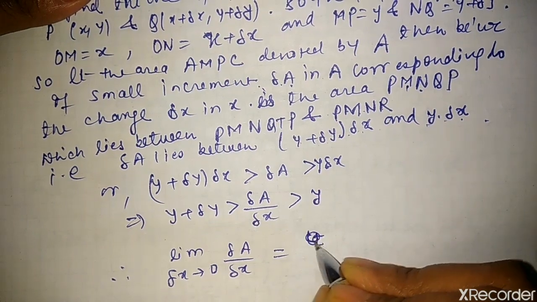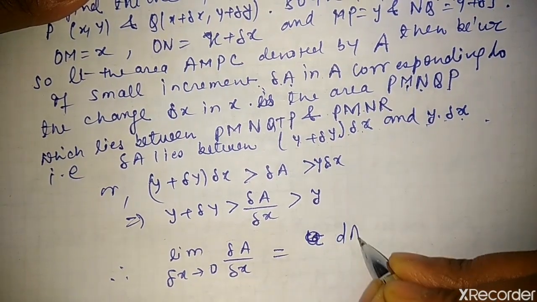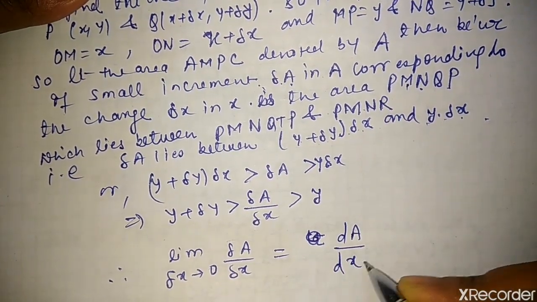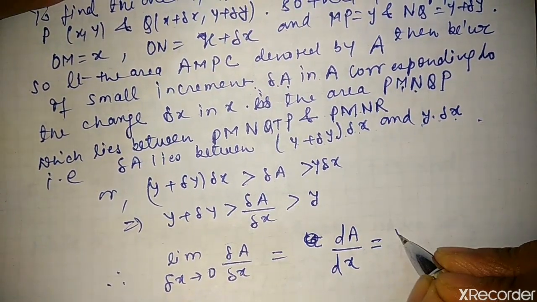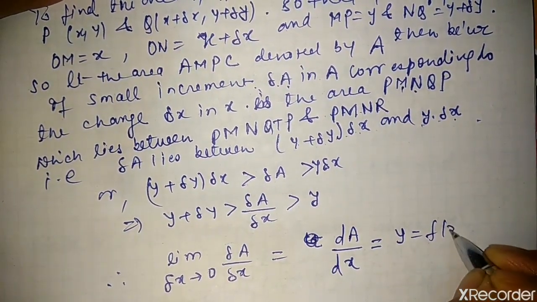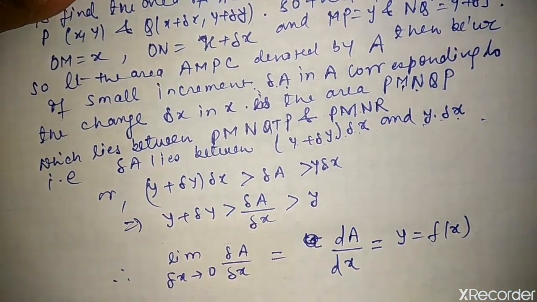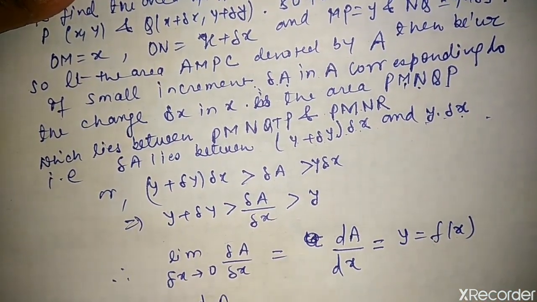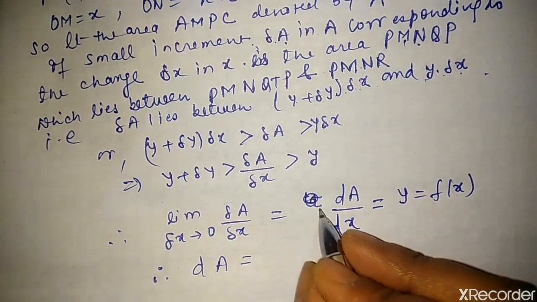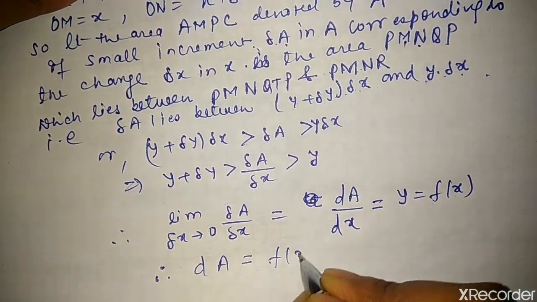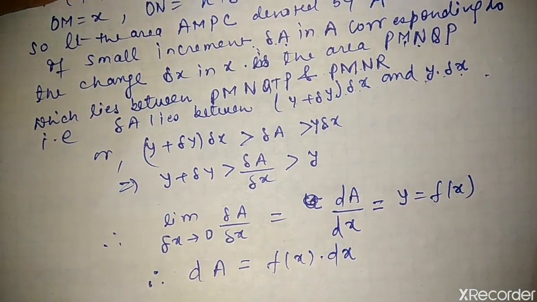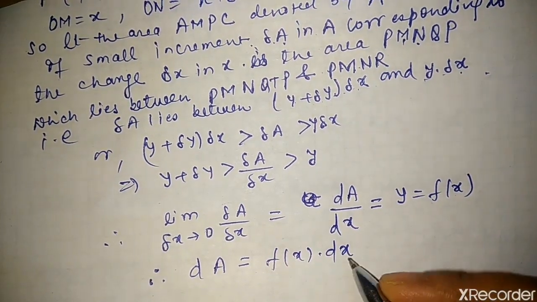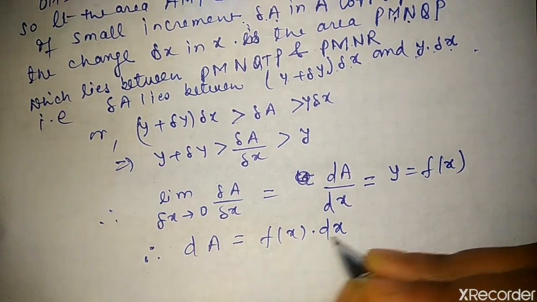So this is equal to what? Here is the limit, so we can write dA divided by dx, and our area of the curve is y, so y equals f(x). Therefore, dA equals f(x) into dx. And this implies this is what?